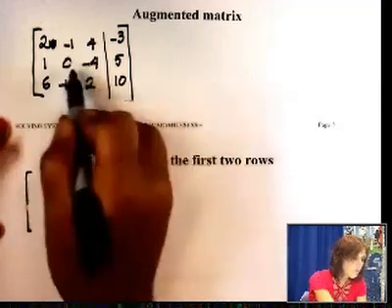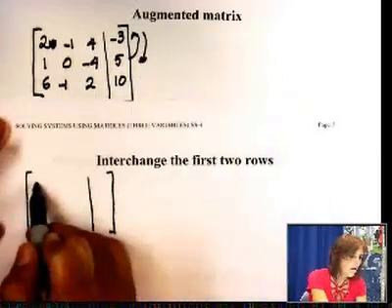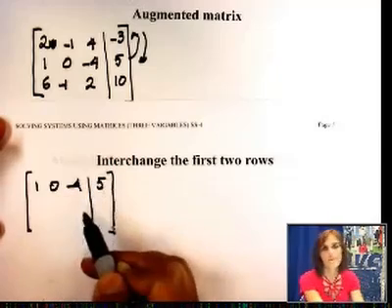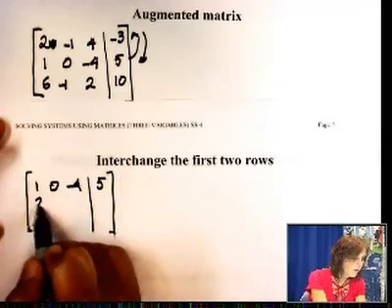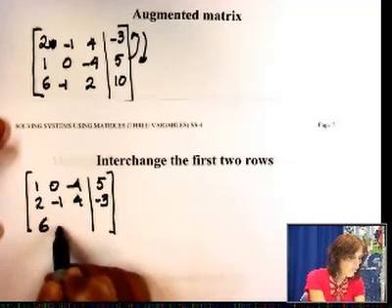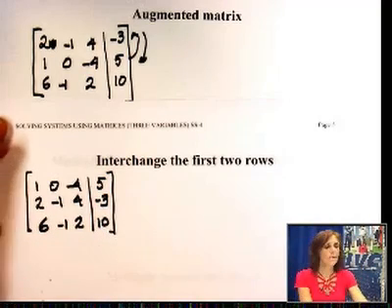The second row will go to the top, and the top will go to the second: 1, 0, -4, and 5. Then you have 2, -1, and 4, and -3. And I didn't touch the third one.